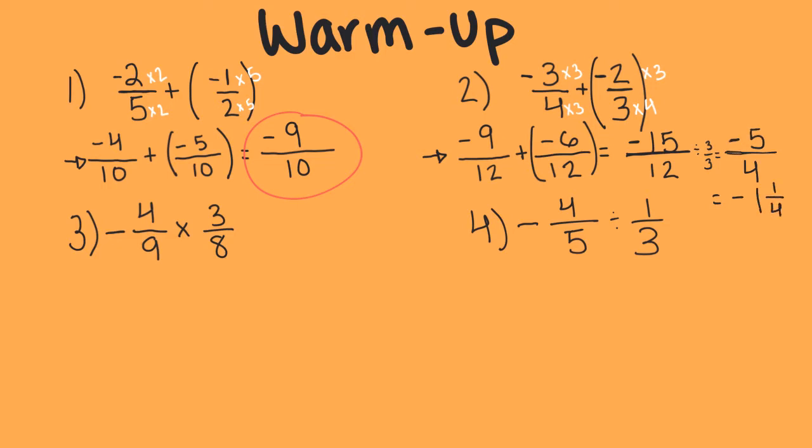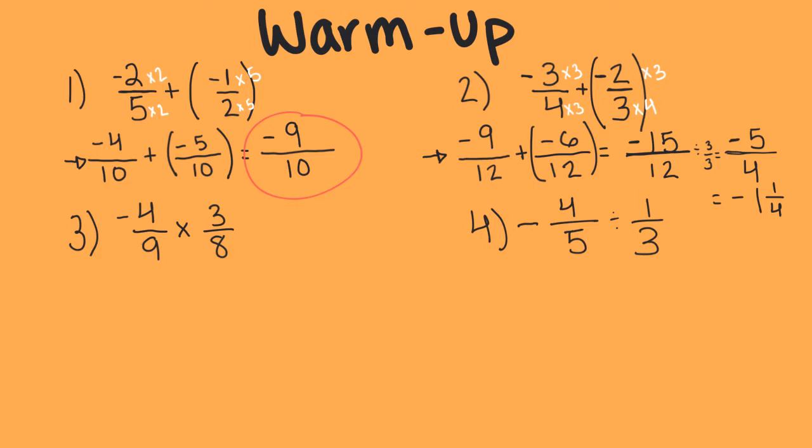All right, let's go down to number 3. So I have negative 4/9 times 3/8. Remember, when we have a negative out front of a fraction, that means that our numerator is the value that is negative. So I'm going to go erase this, and I'm going to put my negative up here. Now, when we multiply, what we do is we just multiply our numerators and our denominators.